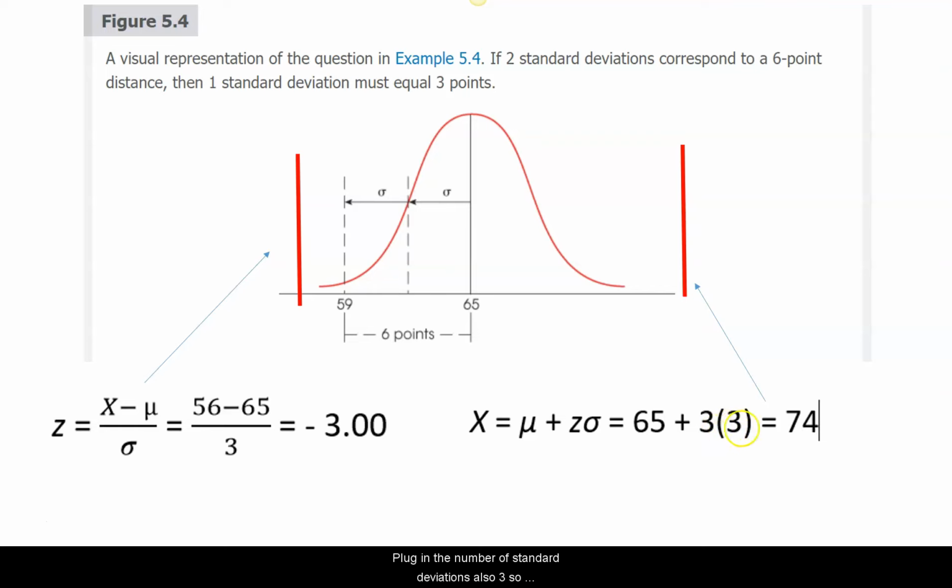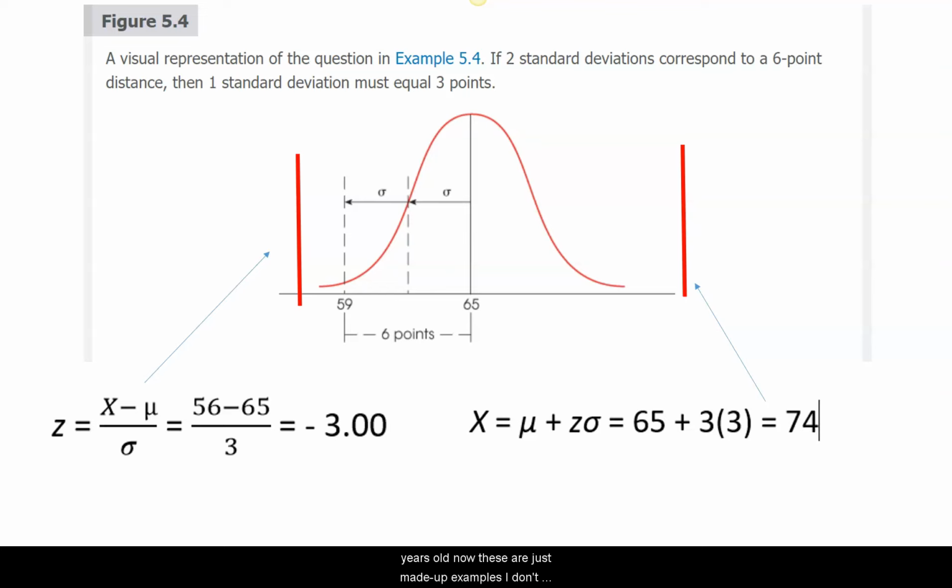Plug in the number of standard deviations, also 3. So it's a z-score of 3 above the mean, and the standard deviation is 3. So 65 plus 3 times 3, and that's just 65 plus 9, and I can convert and know that person was 74 years old.